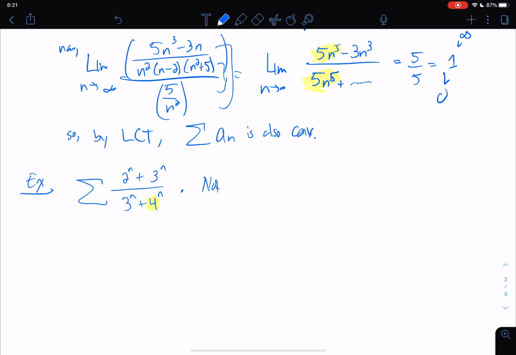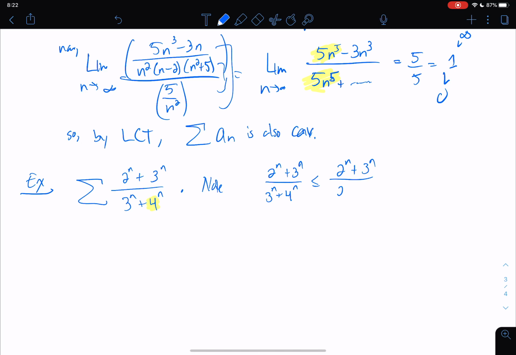So here we're going to note that (2 to the n plus 3 to the n) over (3 to the n plus 4 to the n) is less than or equal to, keep the top the same, but on the bottom, replace this 4 with a 3, and if I divide by fewer objects, I get something larger.